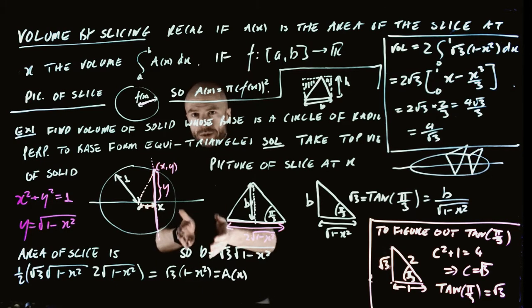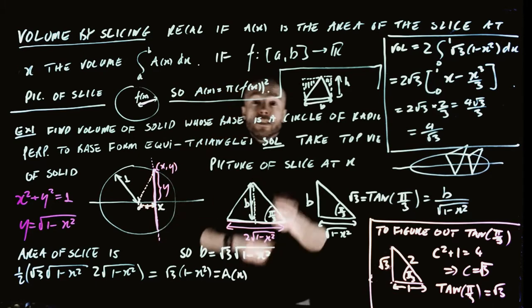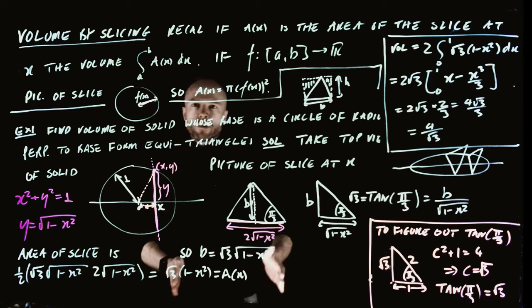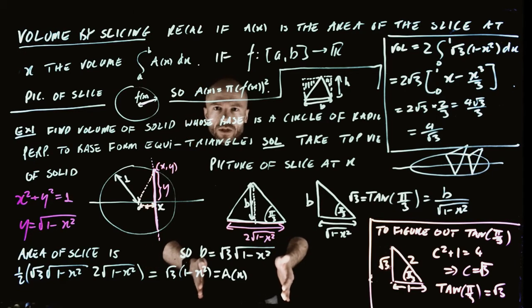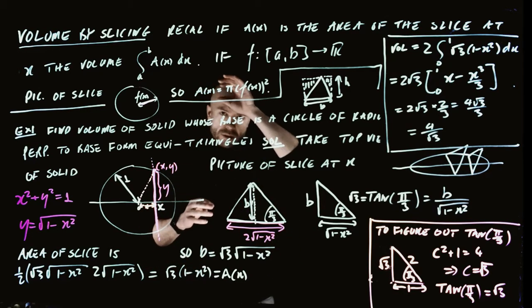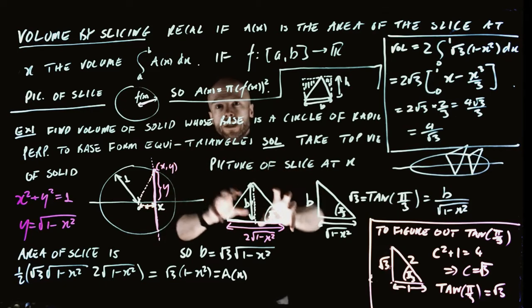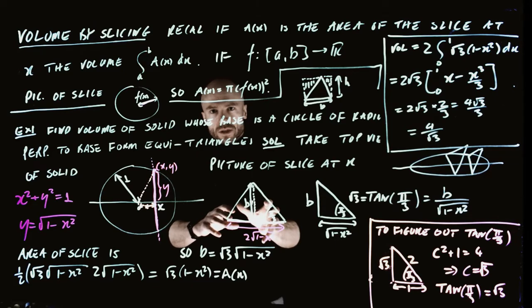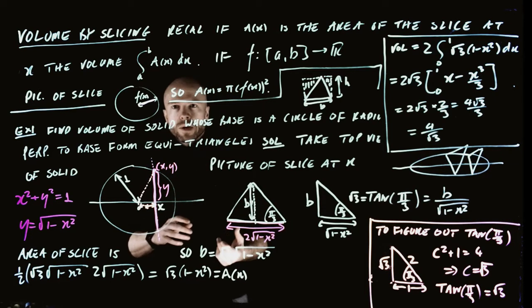In this case, it's easy because they're giving us the way to slice it. So we're going to slice it like this, where we get the equilateral triangles. And then what is apparent to us is that we're going to need to know the dimensions of these slices, in particular the side lengths, because that's all that defines the equilateral triangle.